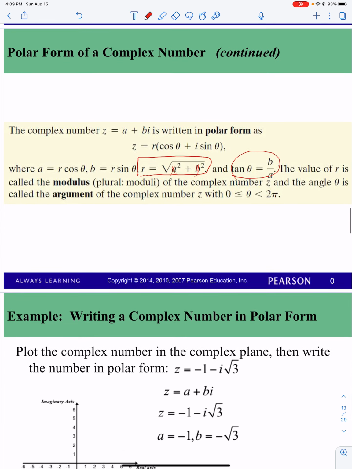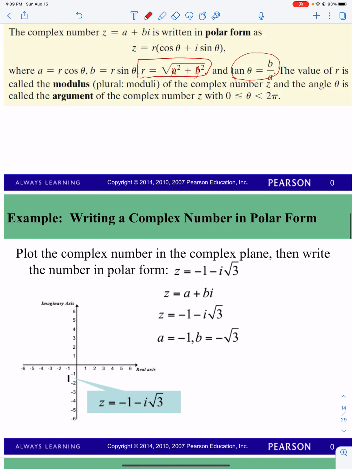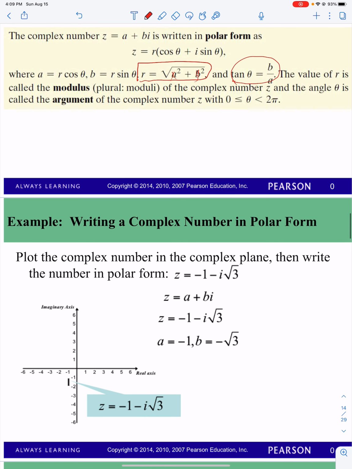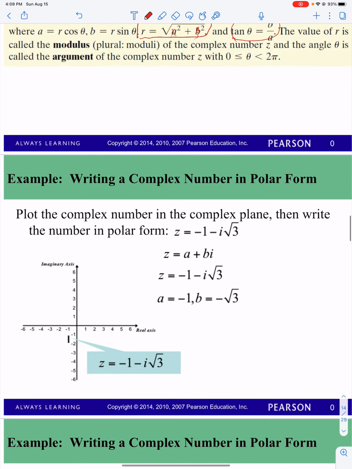Okay, good. Now plot the complex number, then write the number in polar form. What should we do here? Negative 1 minus the square root of 3 i. So that's your a, this is your b. a is negative 1, b is negative square root of 3. That's your x coordinate and y coordinate.